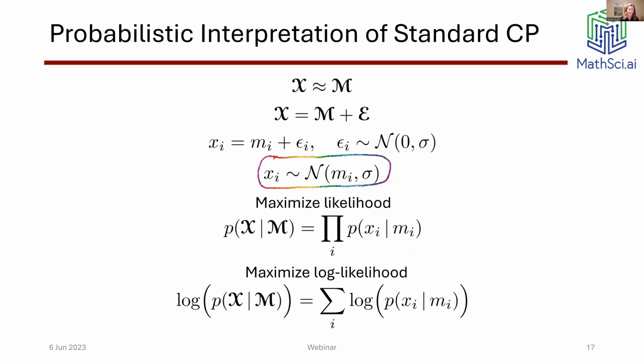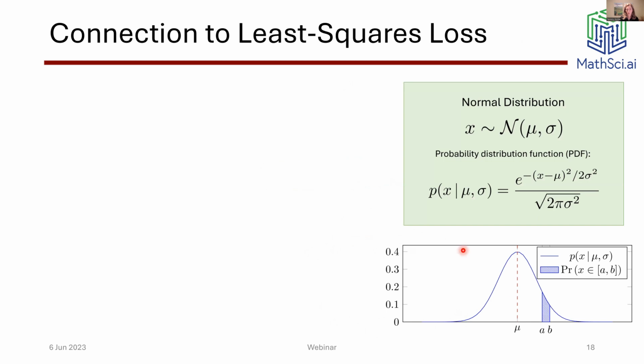We typically don't maximize the likelihood directly. We maximize the log likelihood, so that changes the product to a sum of the logs of these PDF functions evaluated at xi and mi. So what does this mean?